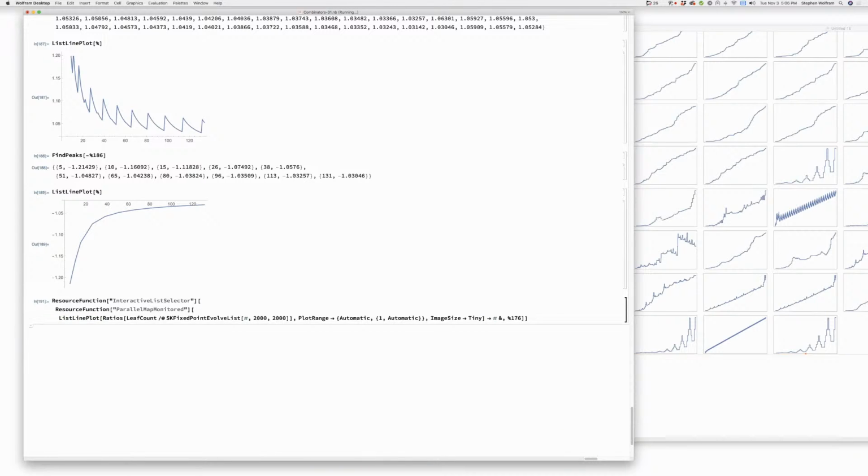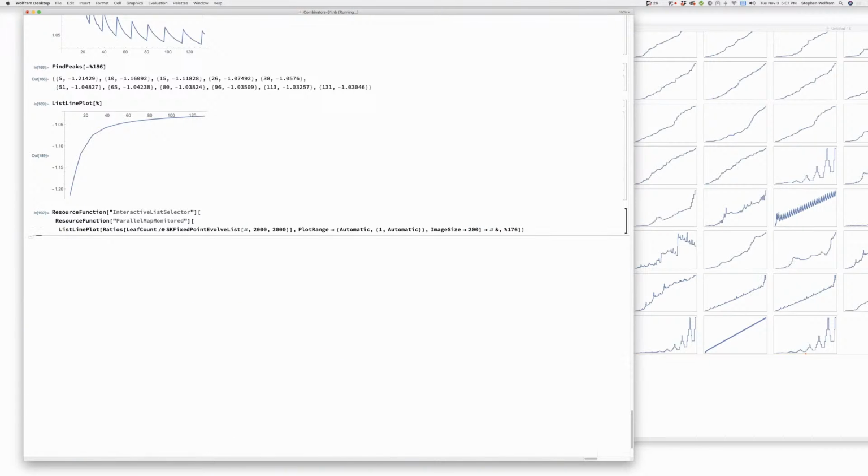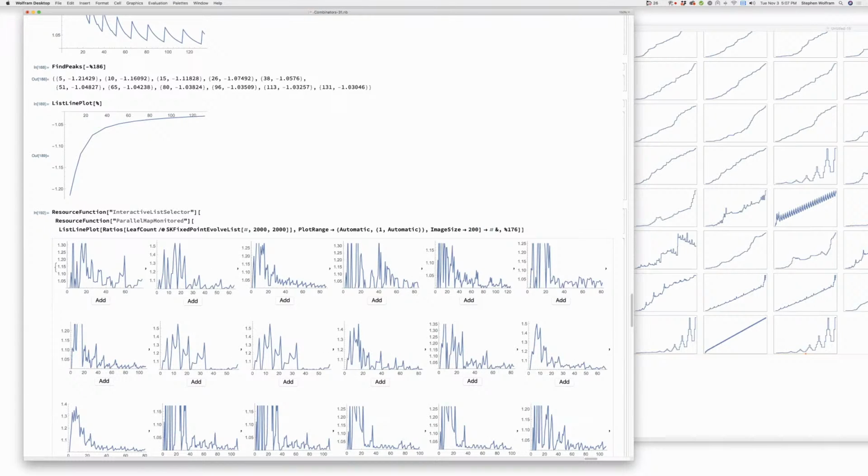So let's go ahead and run it. It's interesting when there's one of these that, here, I'm just going to make these a bit bigger. Let's make them 200. Okay.